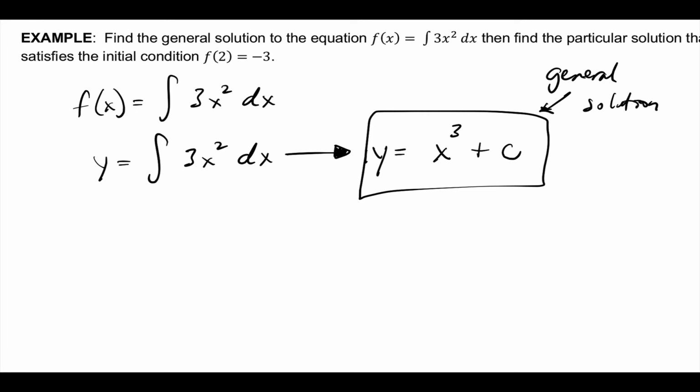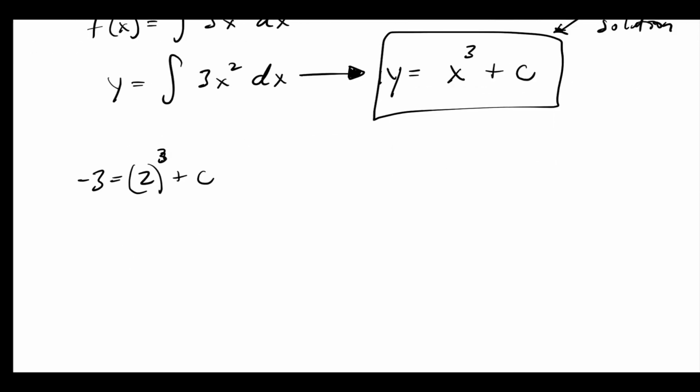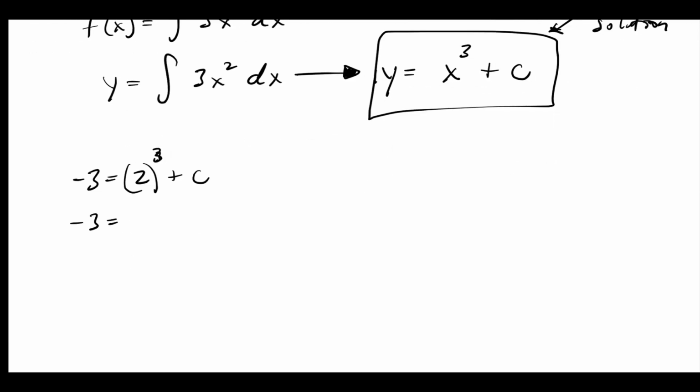And then they want us to find the particular solution that satisfies f of 2 equals -3. Okay? So plug in 2 and -3 and see what you get for C. Okay, so -3 equals 2 cubed, which is 8, plus C. Subtract 8 from both sides.